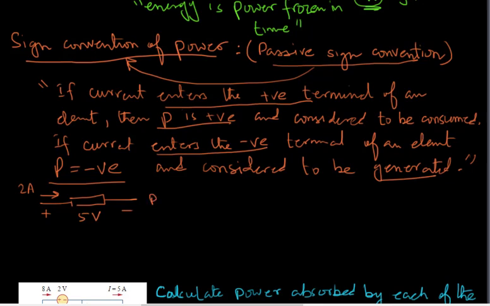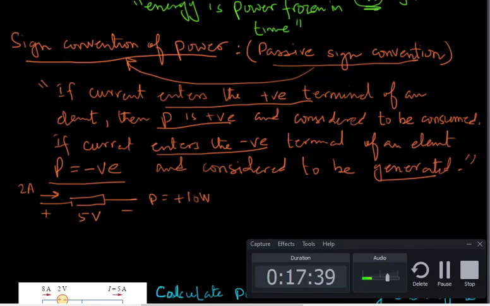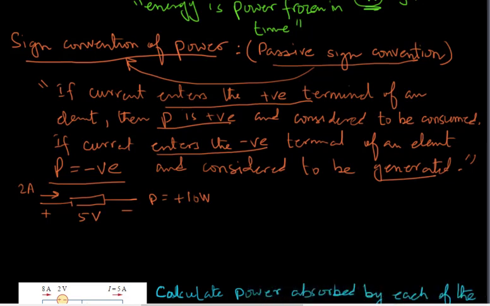Then the power value is 5 times 2, 10 watts, and since the current is entering the positive terminal, it's going to be positive power. And we can easily say that if we observe positive power, this element is consuming power. It's not a battery, it's not any kind of voltage source. It's actually some kind of a resistor or a light bulb that can consume power.